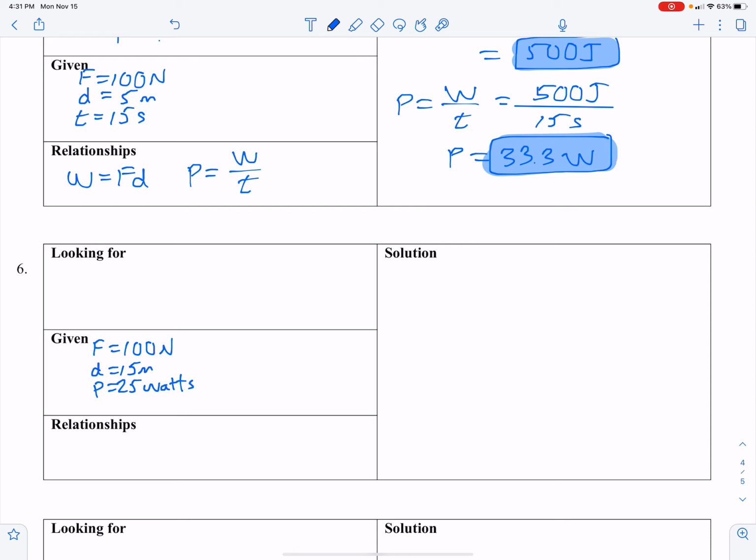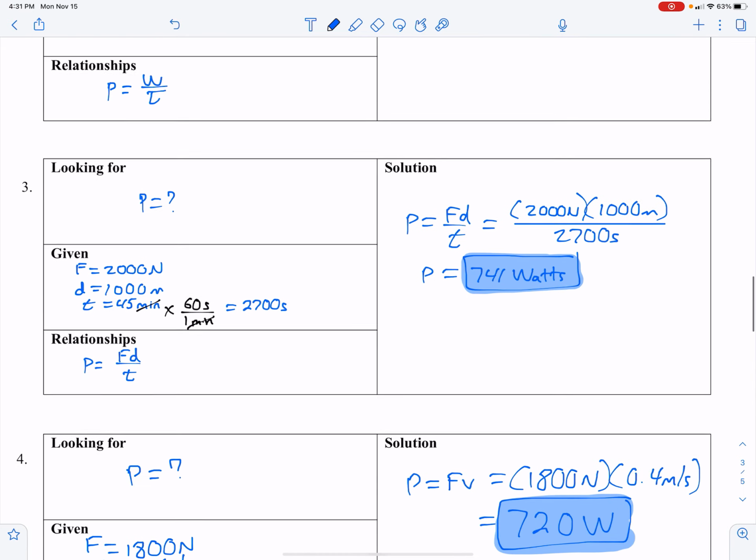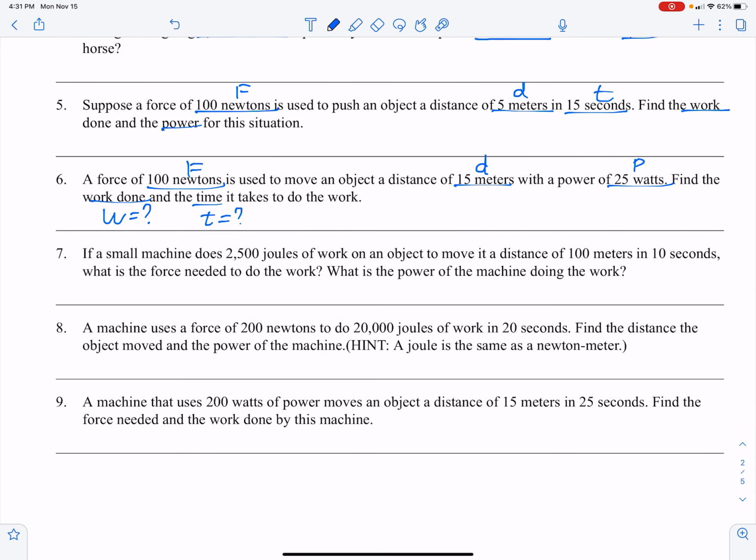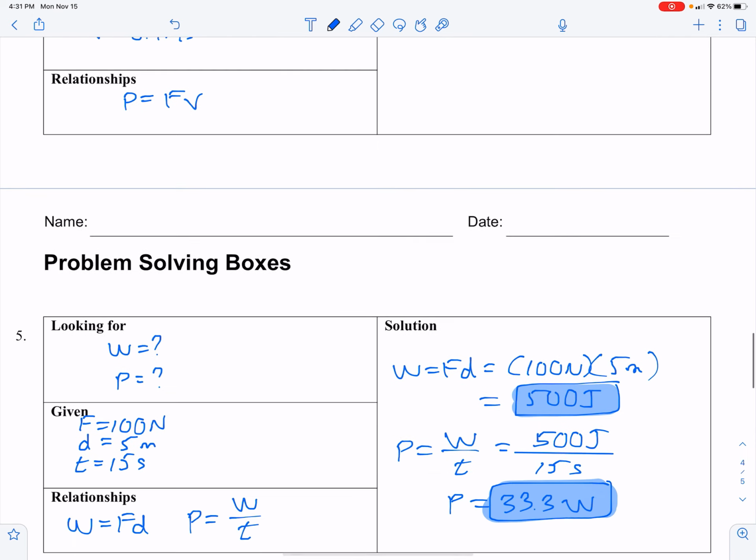We're given force, distance, and power. We have to find the work done and the time it takes.